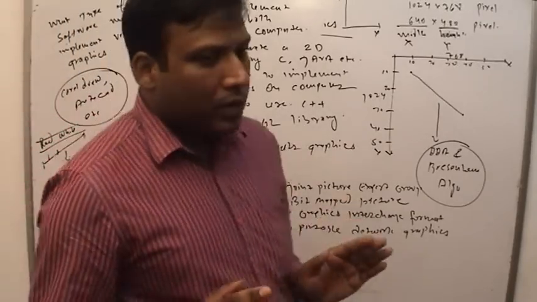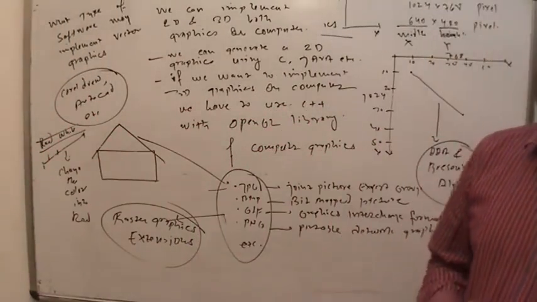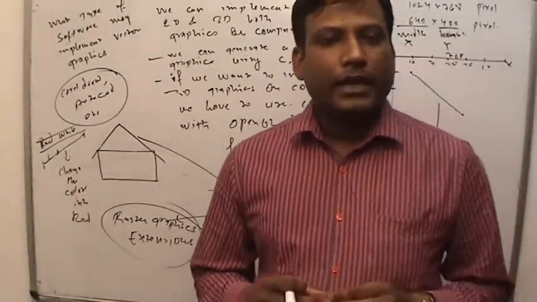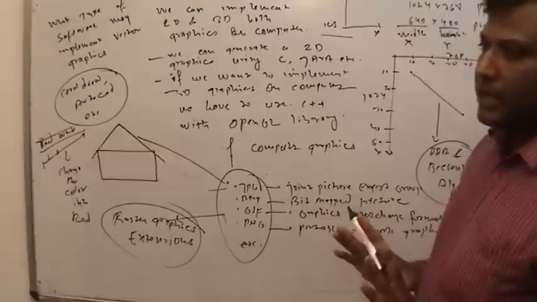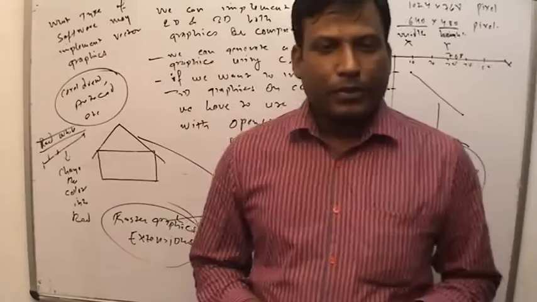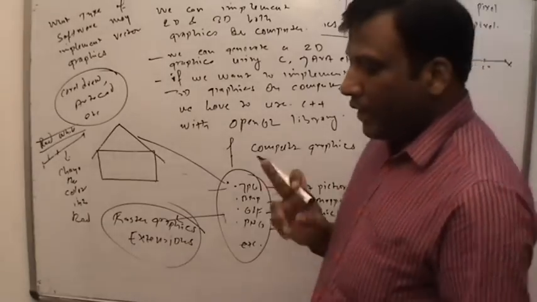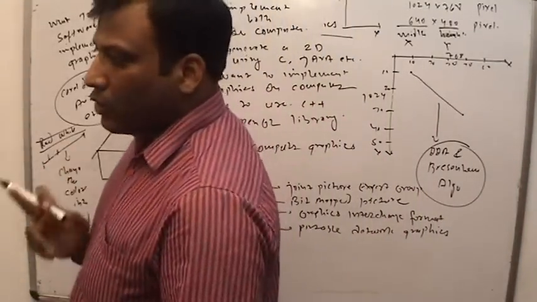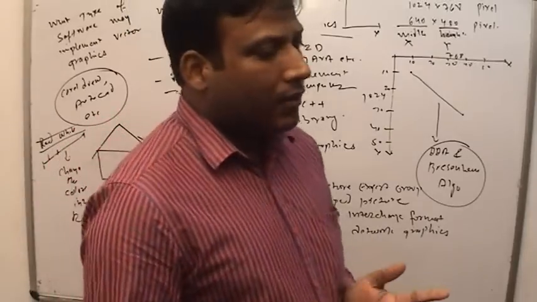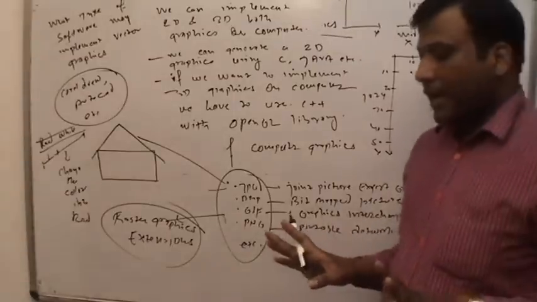If we want to implement 2D graphics, we can use any language. We can use C, C++ or Java to implement 2D graphics on computers. But if we want to implement 3D graphics on computers, we cannot use C or Java directly, or we can say that Java or C may not implement 3D graphics directly.